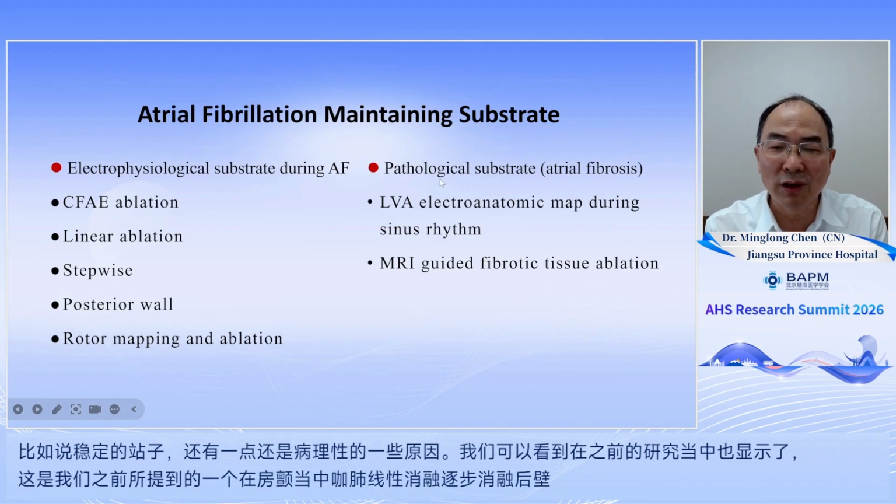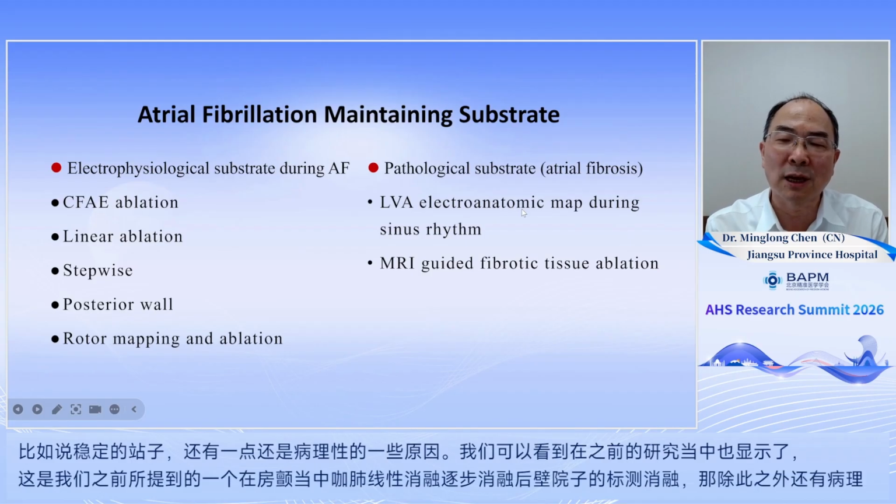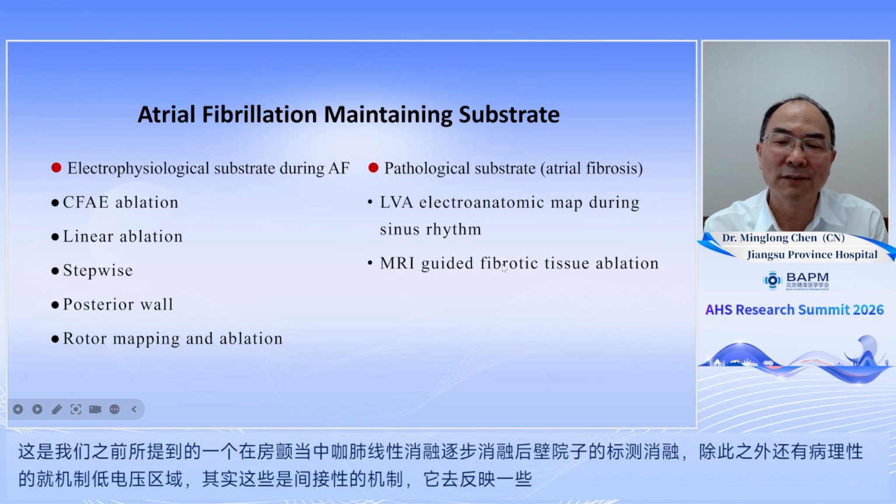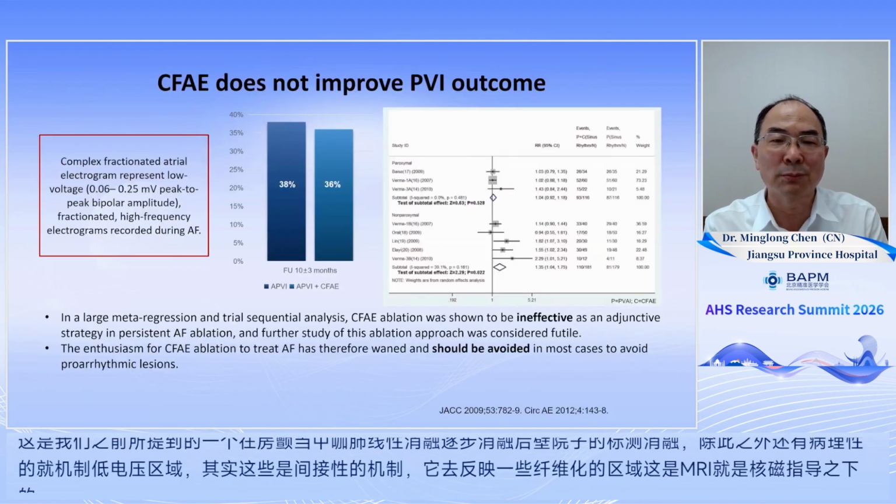But the pathological substrate, the low voltage area, is the indirect substrate reflecting the atrial fibrosis area. And this is the MRI-guided fibrotic tissue. So these are the two histological substrates.